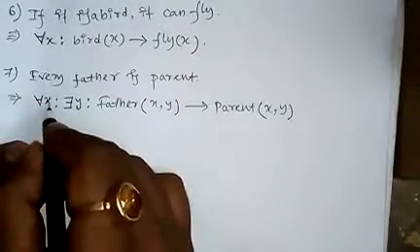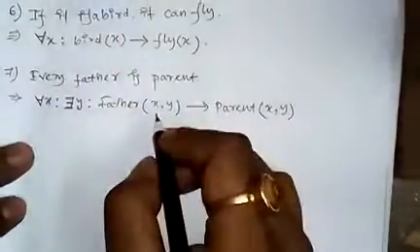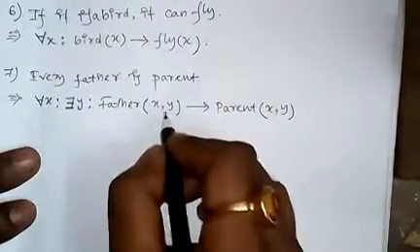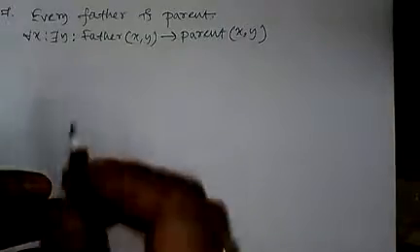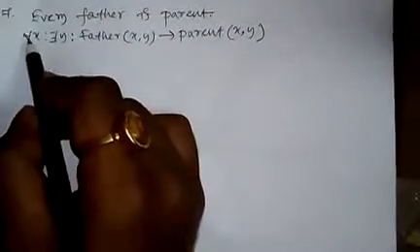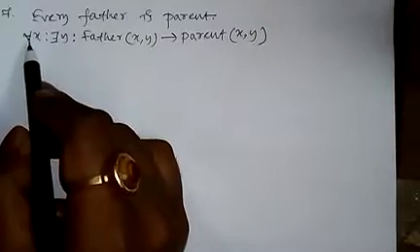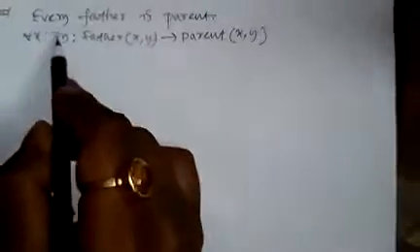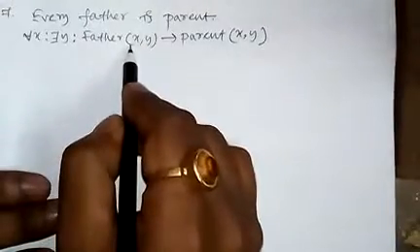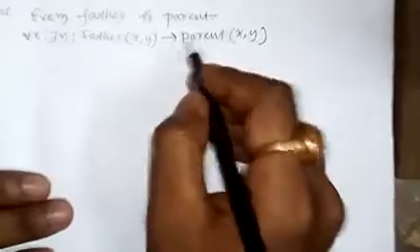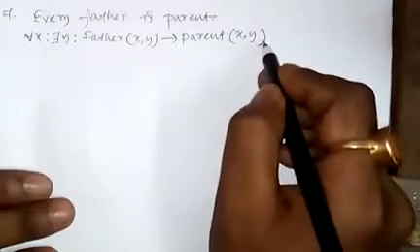For all x, there exists some y, that is, x is father of y. It means x defines the set of fathers, that is all fathers having some children. It defines in this way: x is a father of y implies that x is parent of y.